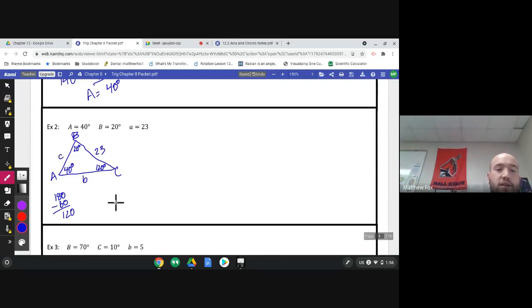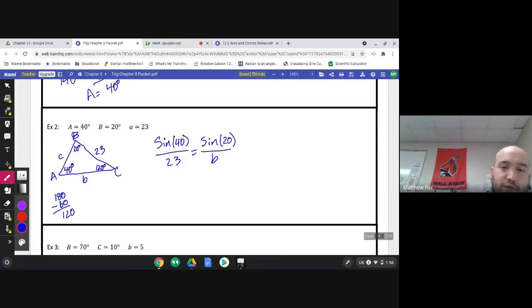So now we need B and C. So once again, we can do sine of 40 divided by 23 equals, and then it'll be sine of 20 over b. We cross multiply just like last time.